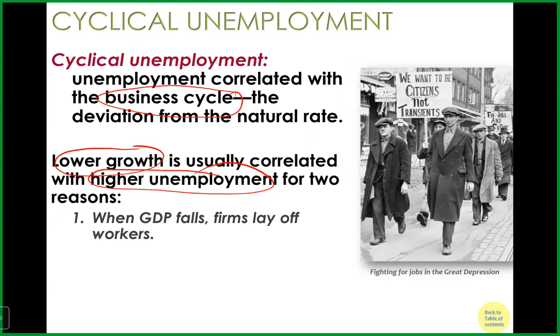It's because everyone fears a recession is coming. Okay, so this is one reason. When GDP falls, demand is weak, you don't need that many workers, so you start to lay off, and the unemployment rate starts to pick up.